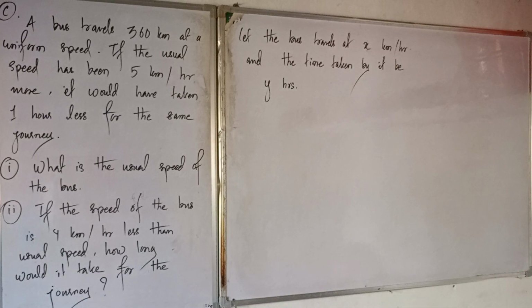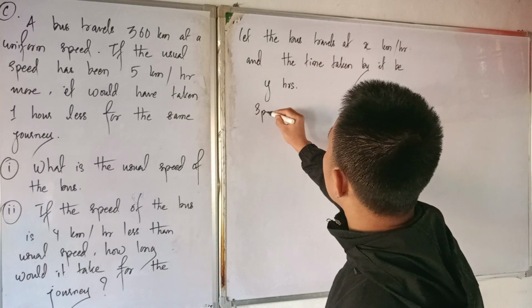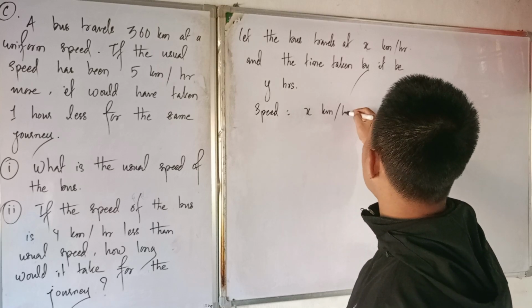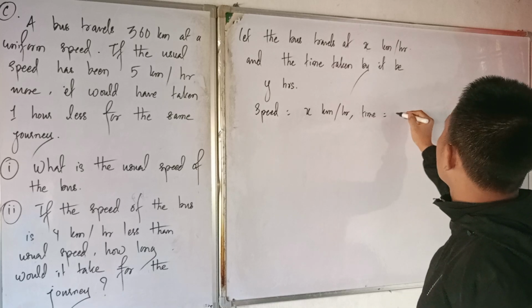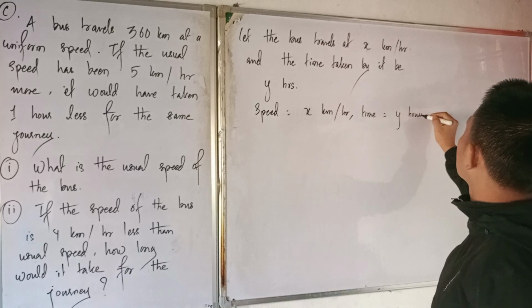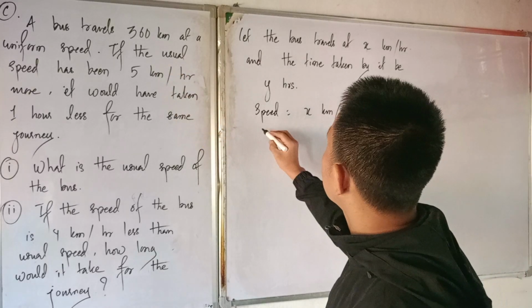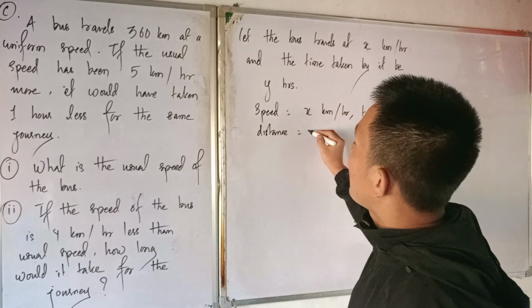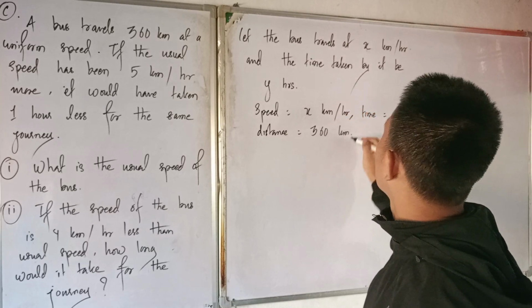Okay, so we have considered two variables. So we have speed x kilometer per hour, and time y hours. And distance we have 360 kilometer.